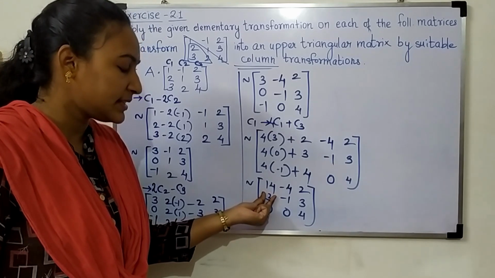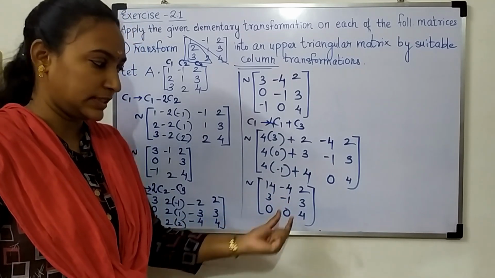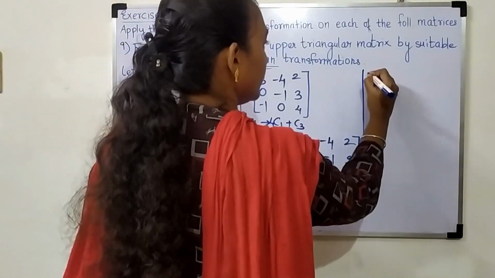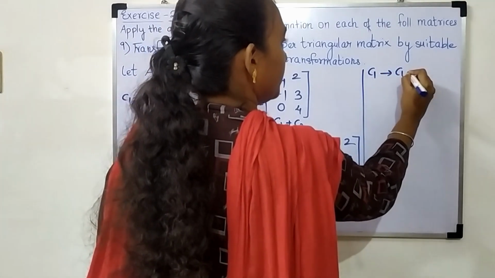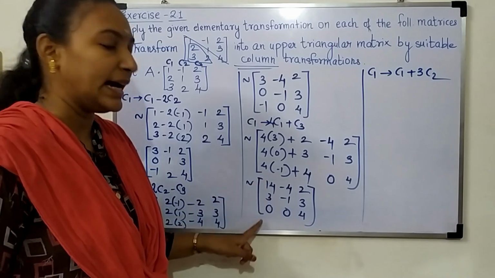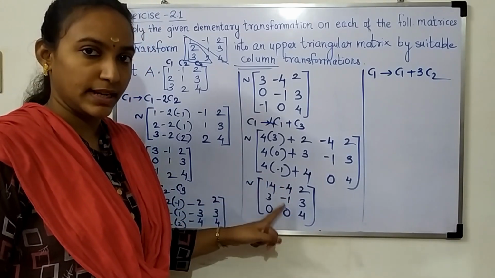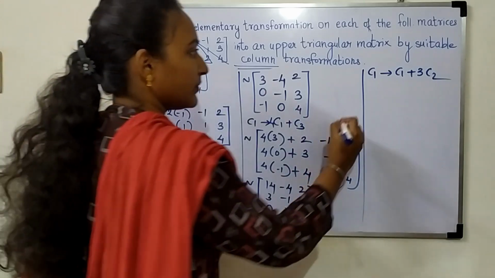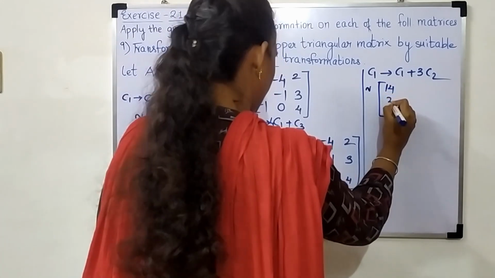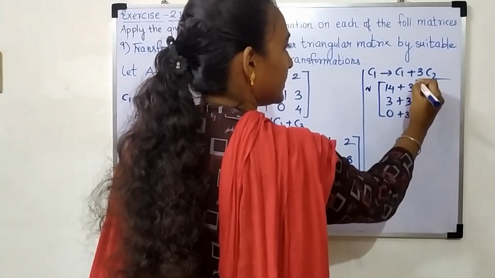We can add this with column 2 by multiplying column 2 with 3: C1 plus 3C2. When you add to column 1 by multiplying column 2 with 3, you will get a 0 over here. So this is equivalent to 14, 3, 0 plus 3 times each element of C2.